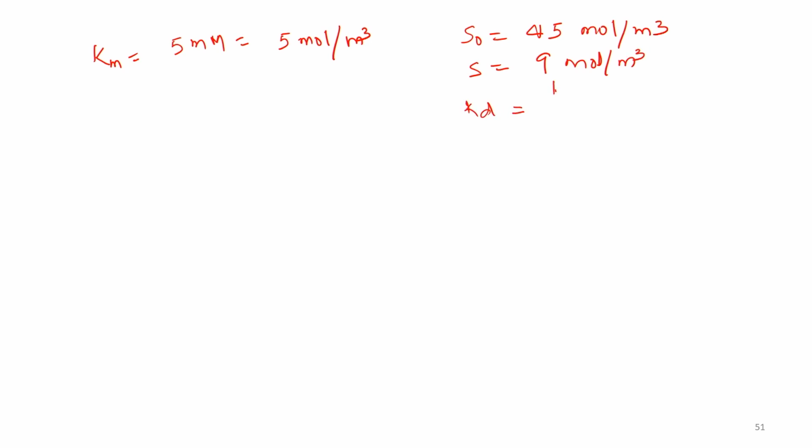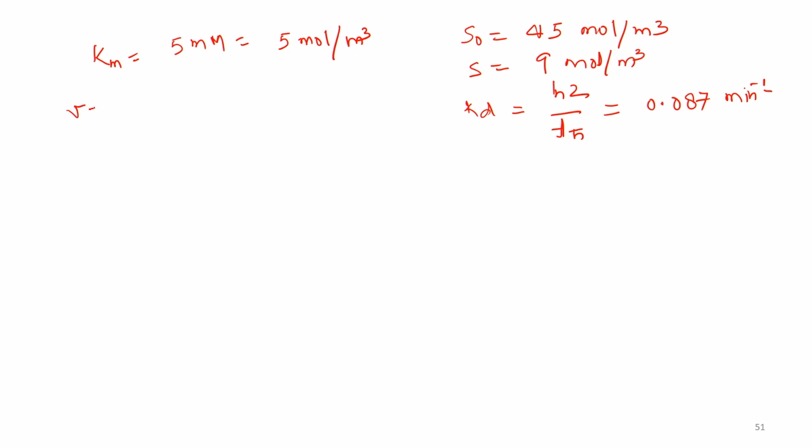Kd is ln 2 upon Th. Th was 8 minutes, so it becomes 0.087 minute inverse.